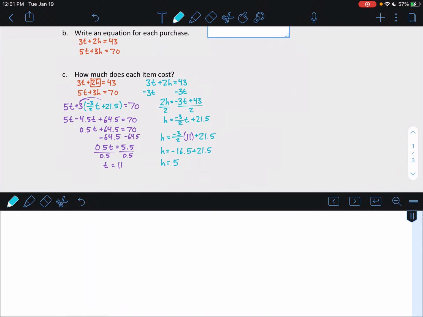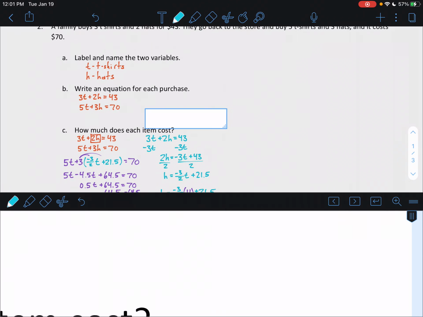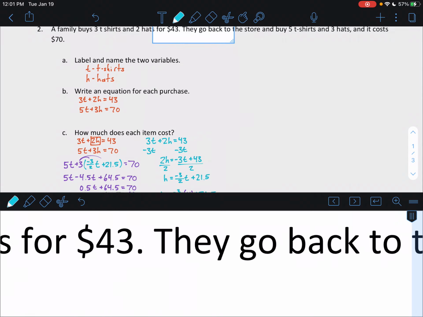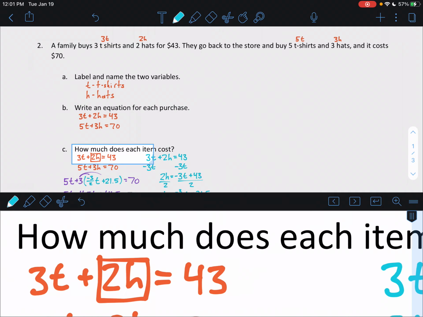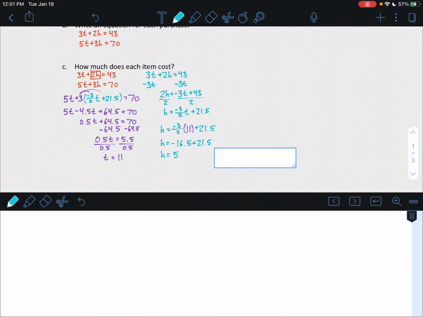Let's use this in a full sentence because, again, this is a model of a real-life situation. So it was asking how much each item costs.